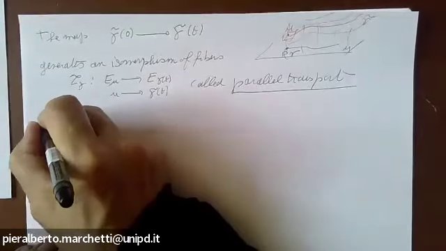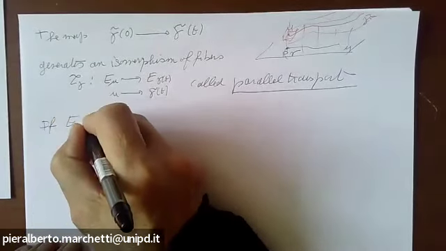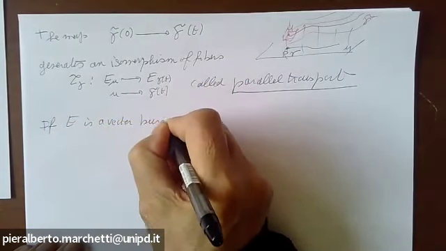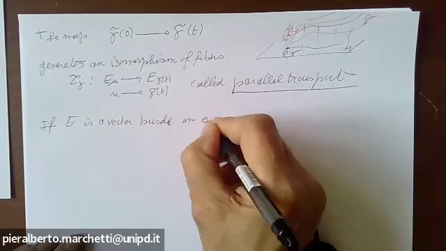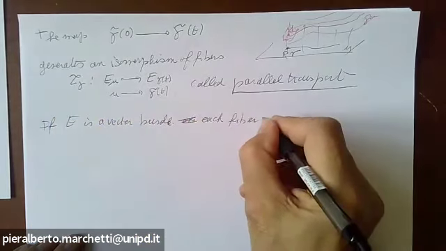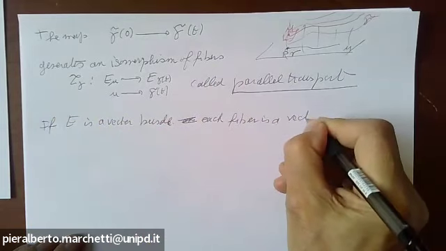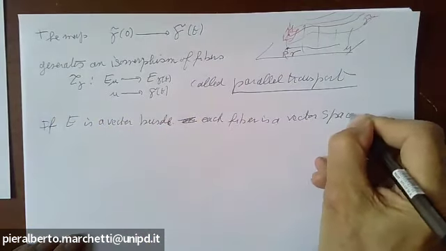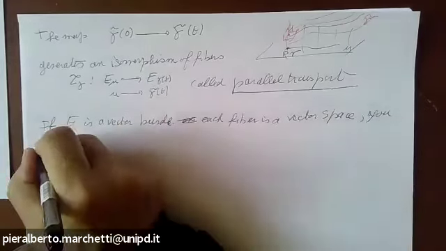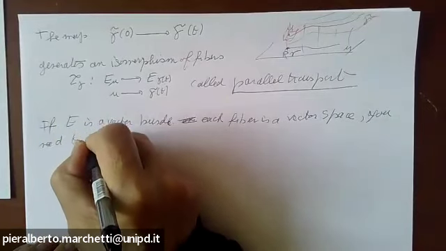Now, if E is a vector bundle, each fiber is a vector space, which is exactly what you need to define a derivative.